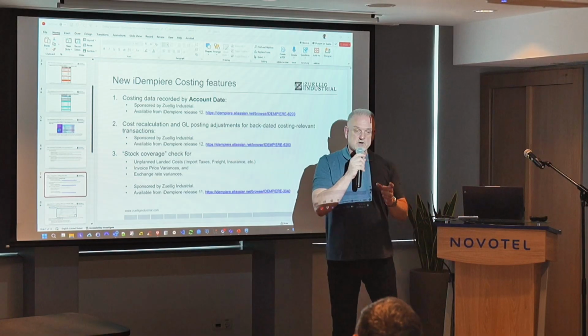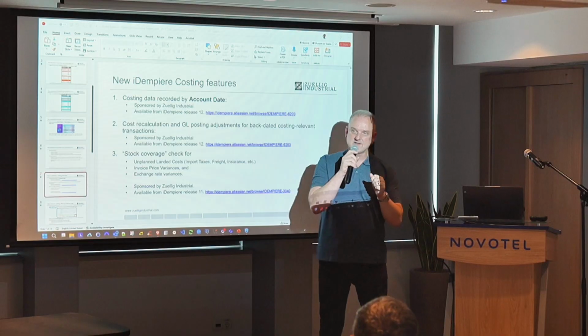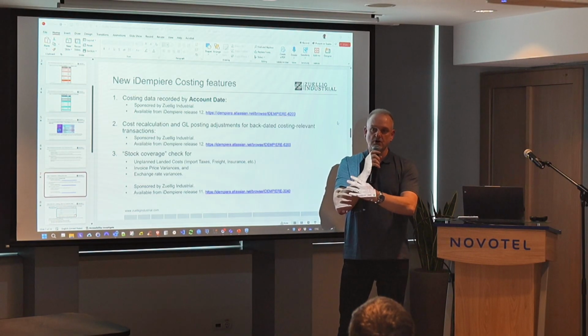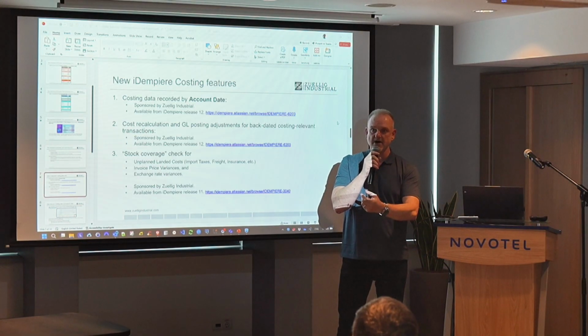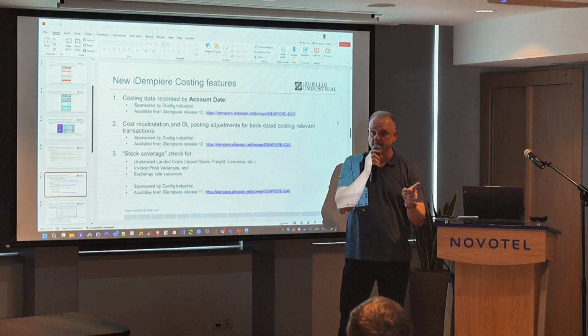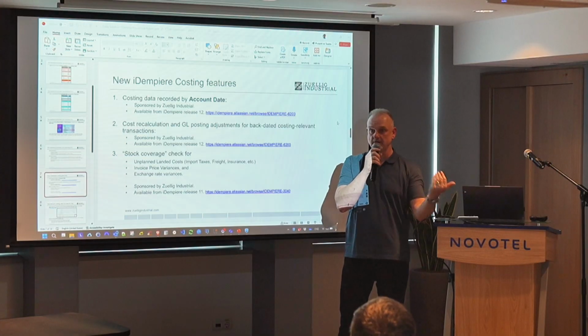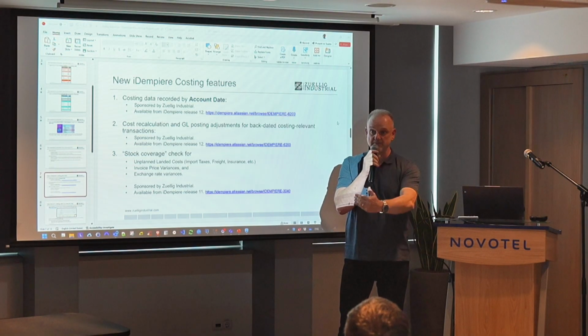So stock coverage is a mechanism that checks how much is left of the material receipt quantity to which the landed cost refers, and prorates the amount, splits it up, and says, okay, because there's only one left, I can only take 1/100th of that cost and put it back into inventory and into cost, and the rest goes into the P&L.